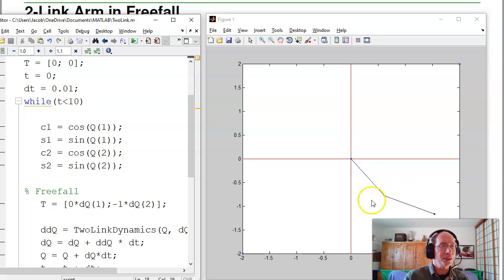So this link right here, the elbow, has friction, but the base doesn't. See, that's how it behaves. Right there where the second link is moving is dissipating energy. That's your friction. You can see that the height is decreasing, meaning it's losing energy.